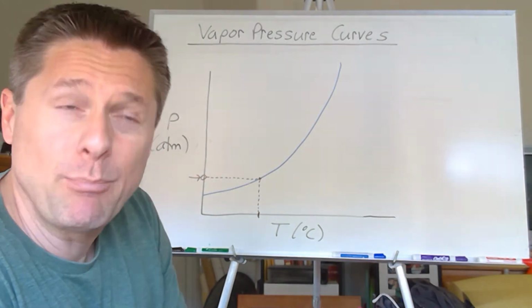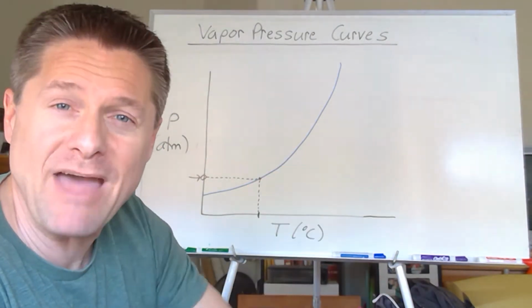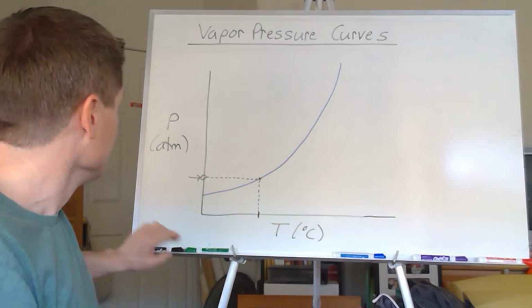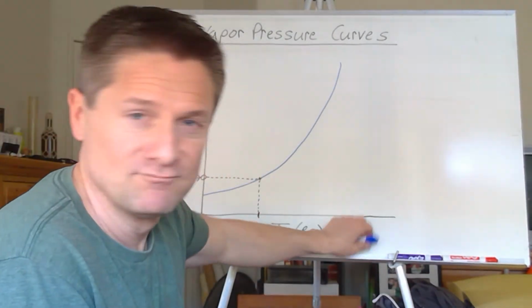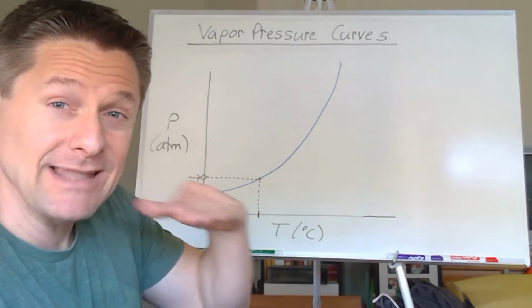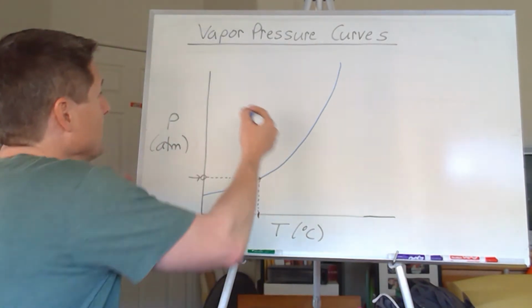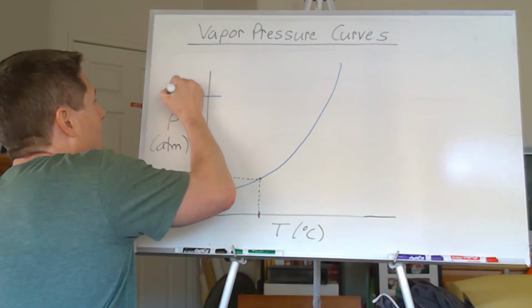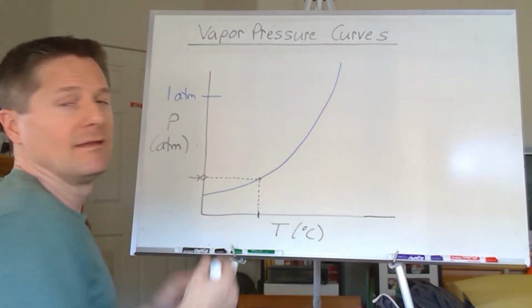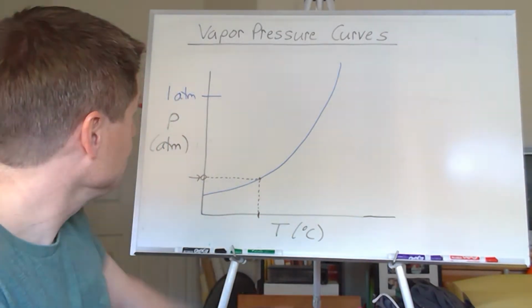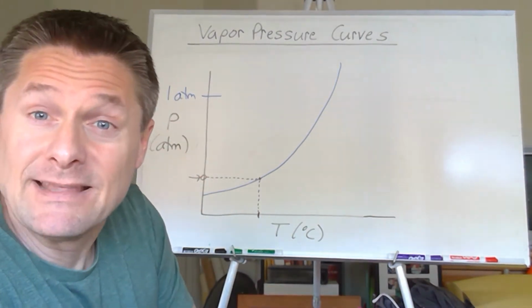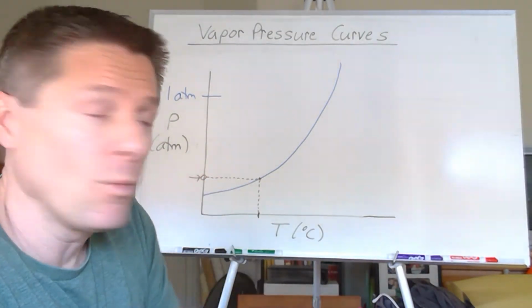Now, there's an interesting point I want to point out before we do the mathematical trends of this. There's a very special pressure. Do you remember at sea level what we defined? Especially where we're on the coast over here in Southern California, at sea level, or roughly at sea level, pressure is 1 atmosphere.